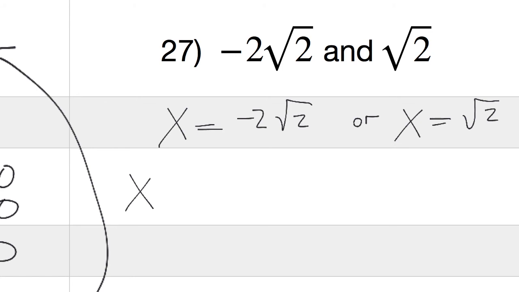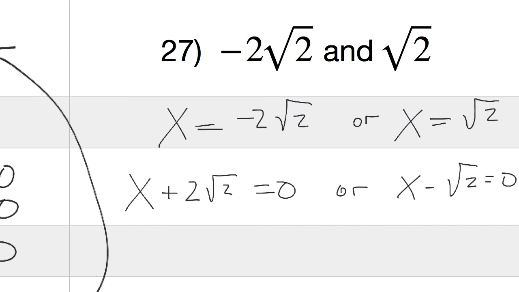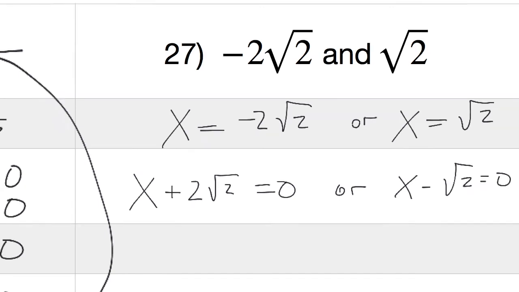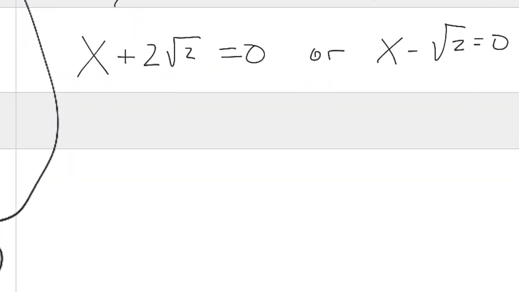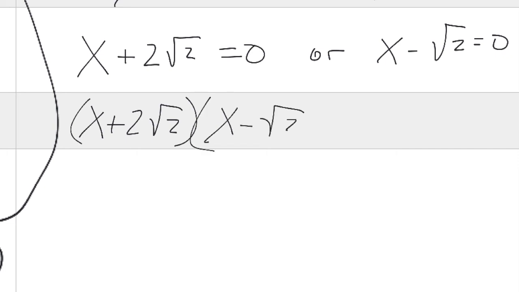Adding 2 square roots of 2 to both sides, we get x plus 2 square roots of 2 equals 0, or x minus square root of 2 is equal to 0. And then you can combine those two separate equations into one equation, because they're both equal to 0. X plus 2 square roots of 2 times x minus square root of 2 is equal to 0.